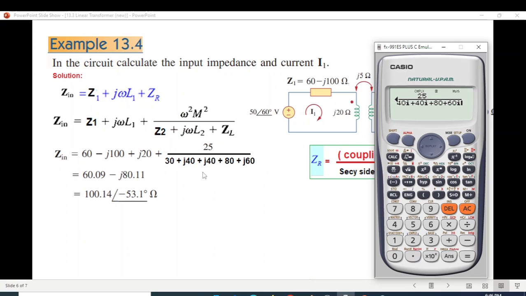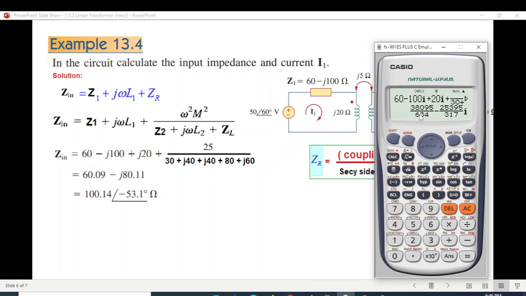You could have simplified it by adding these: 30 and 80 is 110, and 40 and 40 and 60 is 140. And that way it would have become easier. Anyway, we have entered all. We move forward and press the equal sign.